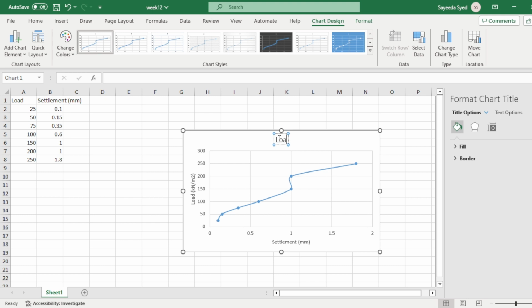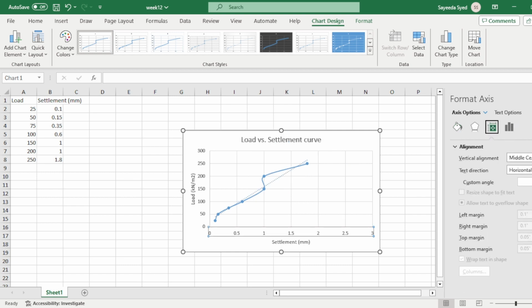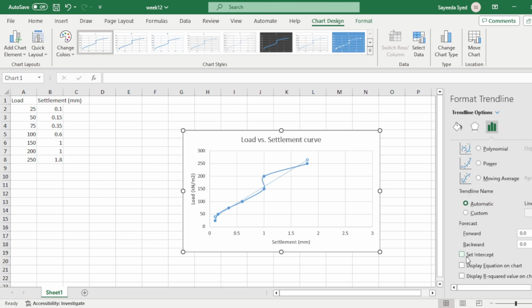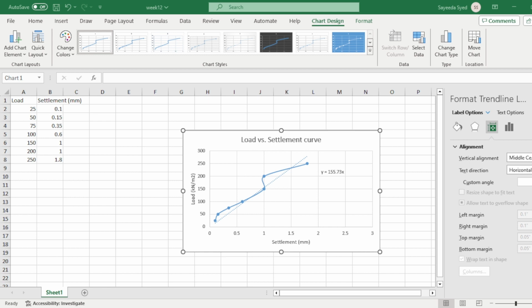Let me also fix the intercept at 0. And we display the equation between the load and settlement.